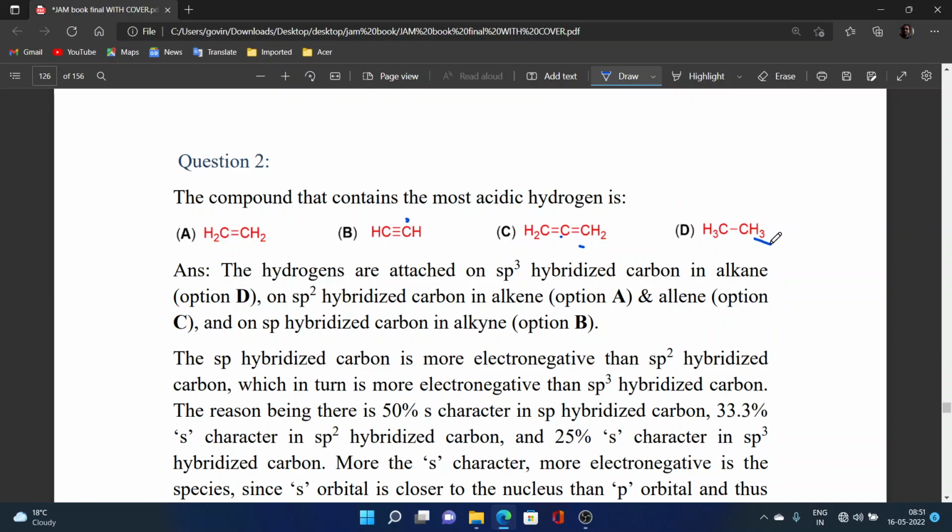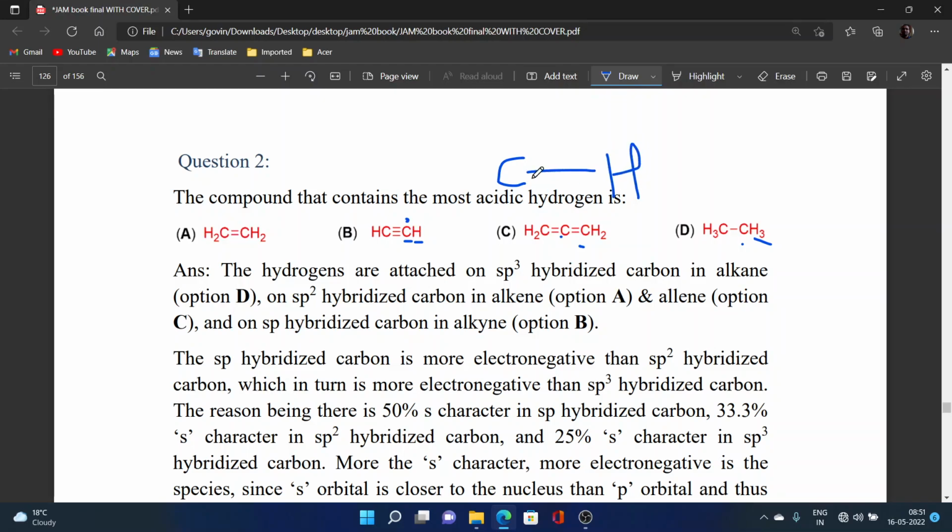So this is a very simple question. The proton which is on an sp hybridized carbon is more acidic than the proton which is on sp2, which is more acidic than that on sp3 hybridized. Why? Because this carbon is sp hybridized, you see. So here is the carbon and here is the hydrogen.